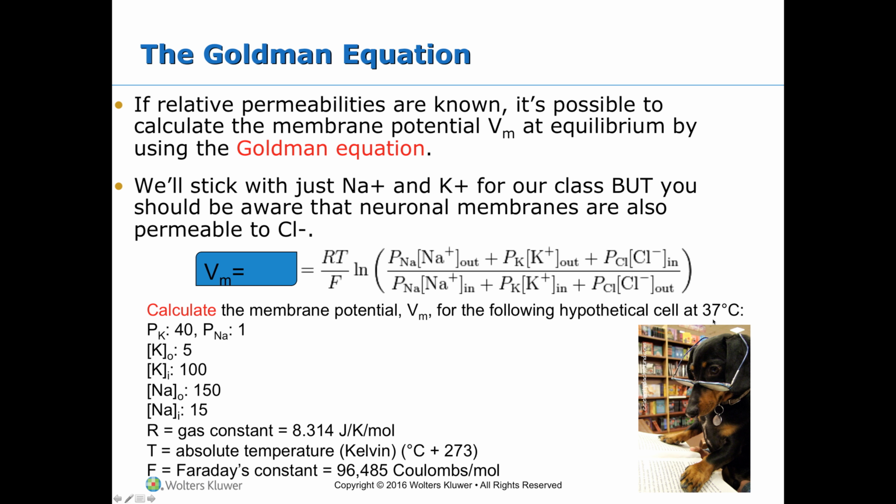So your membrane potential is equal to 8.314, which is the gas constant, multiplied by 37 plus 273, because that's how you get Kelvin, divided by Faraday's constant of 96,485, multiplied by the natural log of the permeability of sodium, which is 1, times sodium out, which is 150, plus the permeability of potassium, which is 40, times potassium out, which is 5.